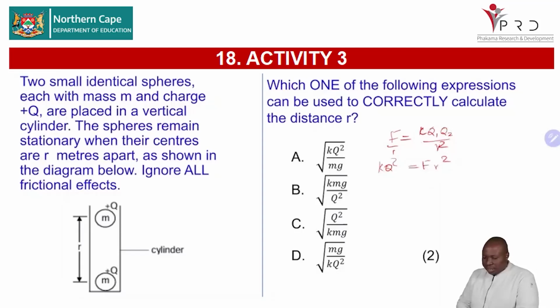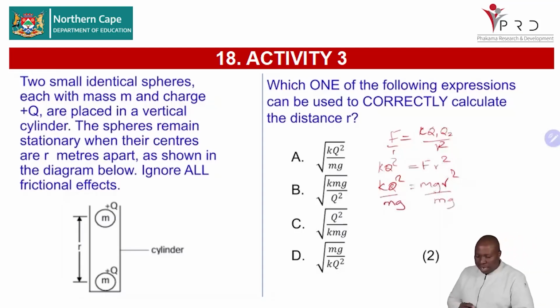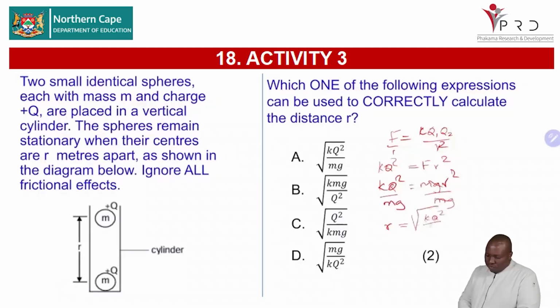Our F is mg, so we can simply say KQ squared equals mg r squared. We're looking for r, so we divide both sides by mg, and then you take the square root of both sides to get r equals the square root of KQ squared over mg.